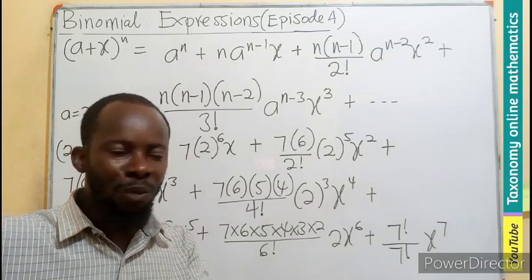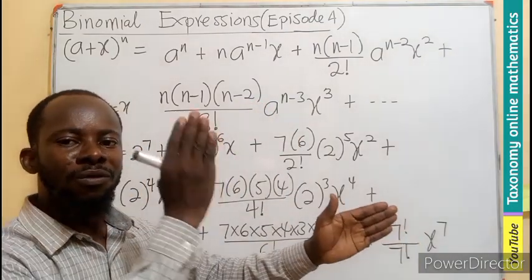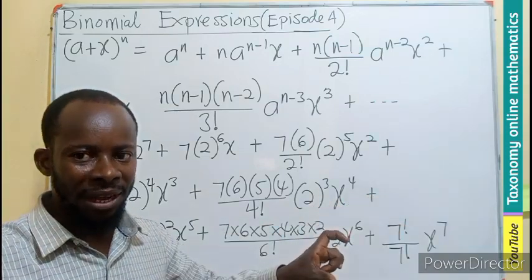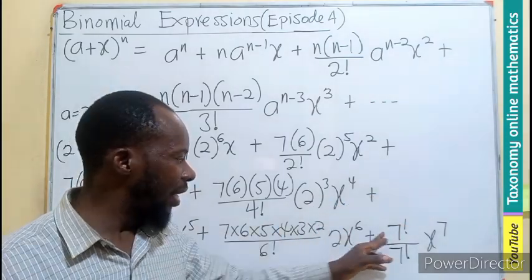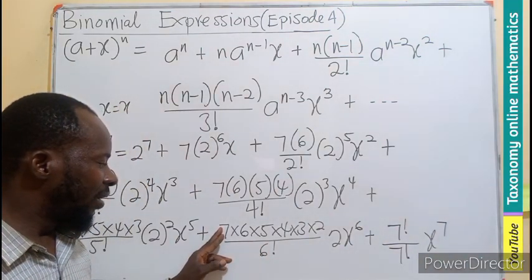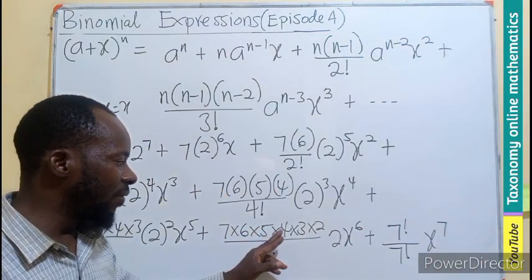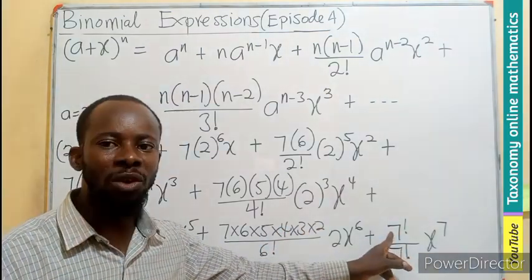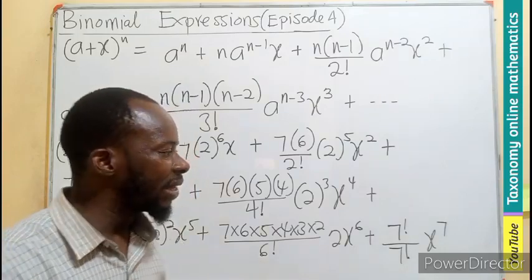So if I say factorial of 4, it is 4 times 3 times 2 times 1. That's why, because of the space, all this is going to be 7, 6, 5, 4, 3, 2, 1. So that makes it 7 factorial. That's why I am just writing 7 factorial.